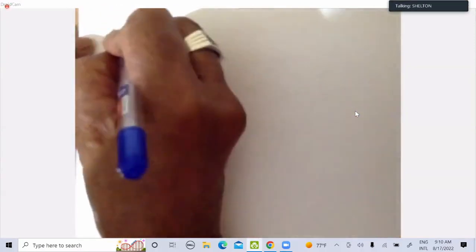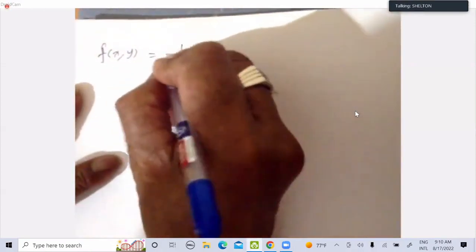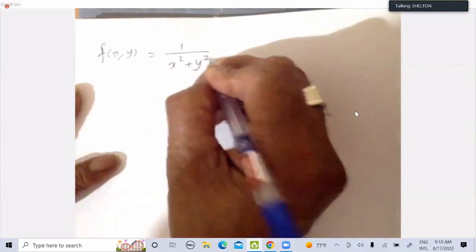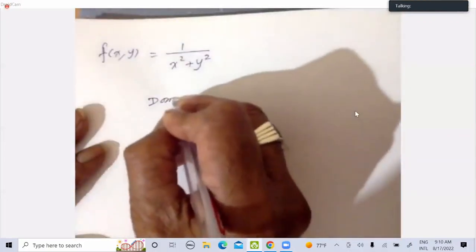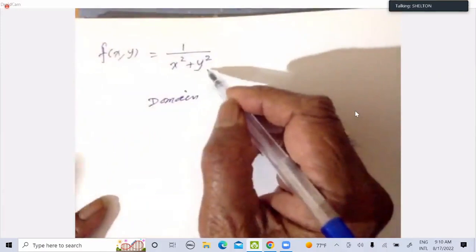Suppose we have f of x, y equals 1 over x squared plus y squared. What is the domain of this function, 1 over x squared plus y squared?